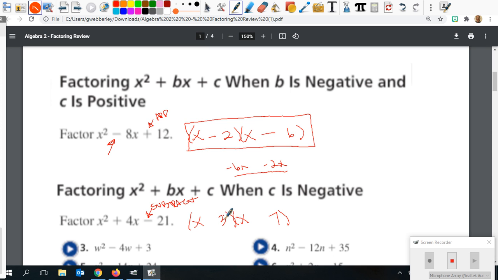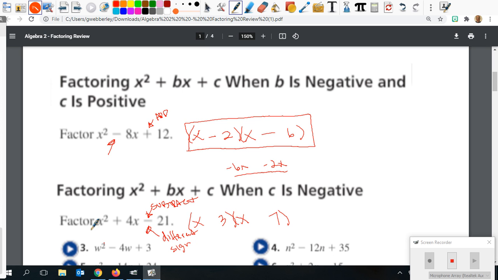As far as the signs go, because this c is now negative, we're not going to have the same sign. We'll have different signs. One will be negative, one will be positive. They have to be different signs because we're trying to get a negative 21 with 7 times 3. The same sign would give us a positive 21. But now you have to decide which one gets the negative and which one gets the positive.